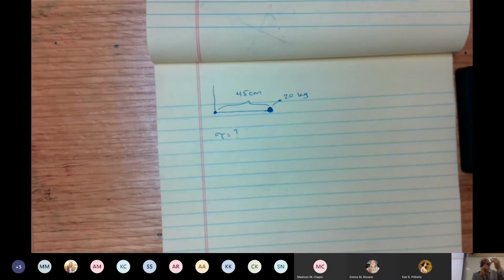Remember, for the torque, you need a pivot point, a radial distance, an applied force, and an angle. So try to identify those in the figure and then substitute in the equation.